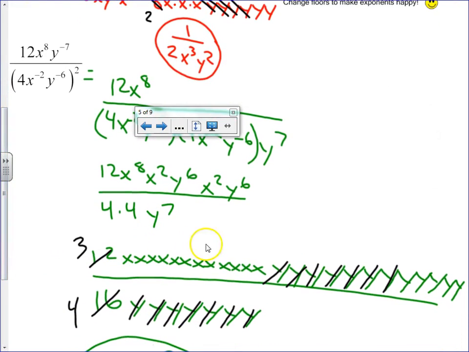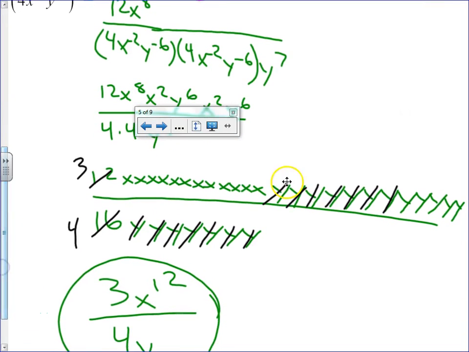So 12x to the eighth, another x squared, y to the sixth, and y to the sixth, over 4 times 4, which is 16y to the 7th. Then my y's cancel out, factors of 1. 12 and 16 can both be divided by 4, so I get 3 and 4.